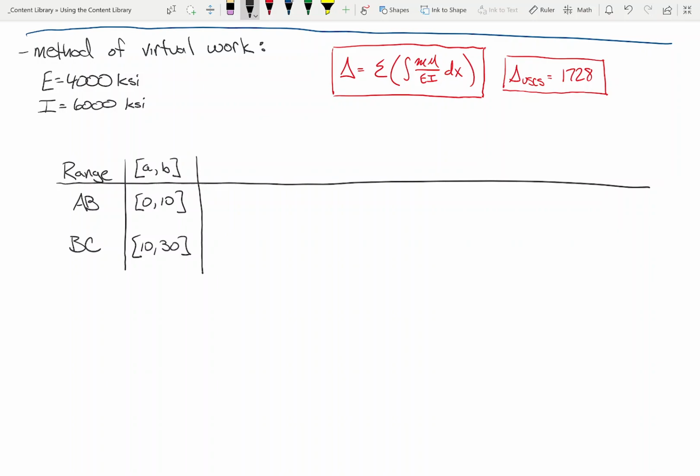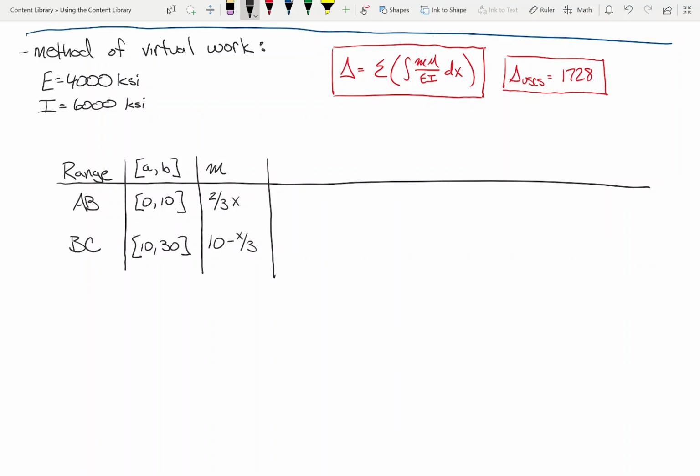Next thing I'm going to do is I'm going to list my virtual functions. Okay? So my virtual functions, here it's 2/3 x. Here, 10 minus x over 3.